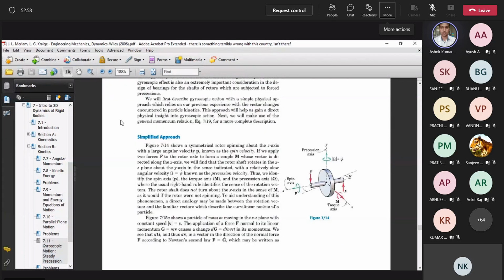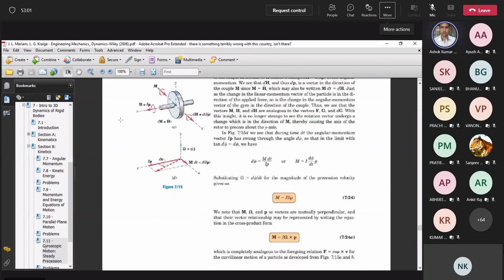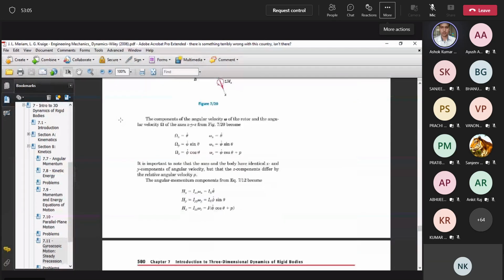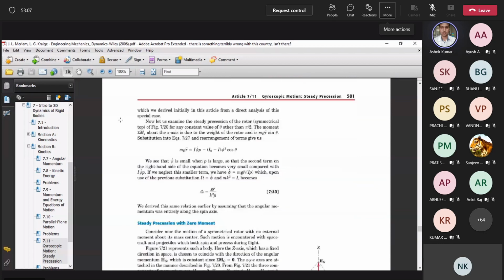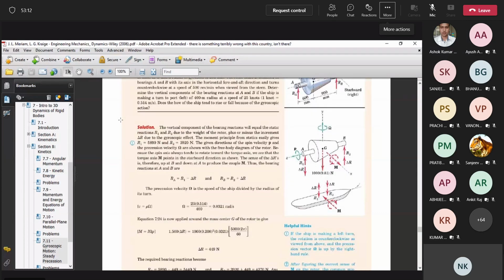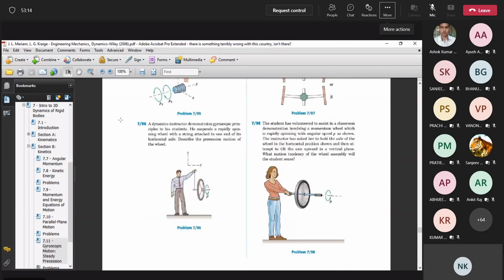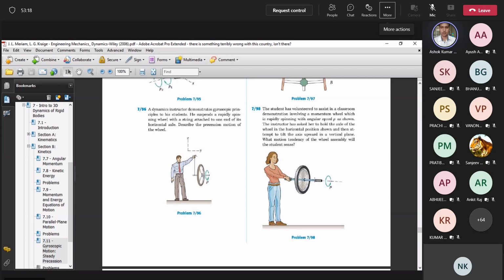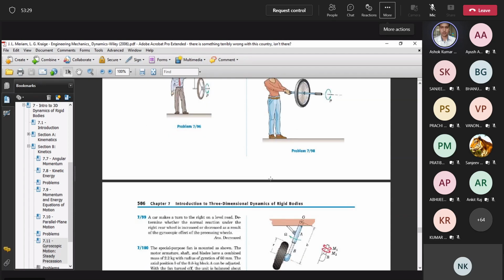Let us see some of the example problems, solved and practice problems. This book is available online, you can download it. You see, there is an instructor who is showing a toy which behaves like this. A string is there. Some related problems are there, but these are simple problems.